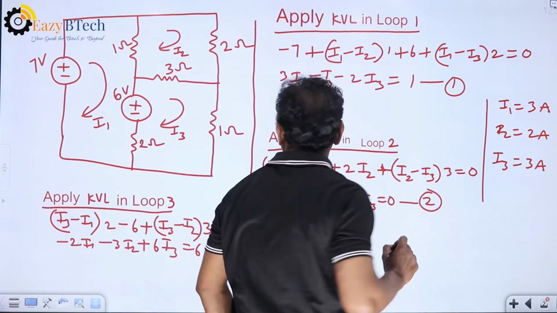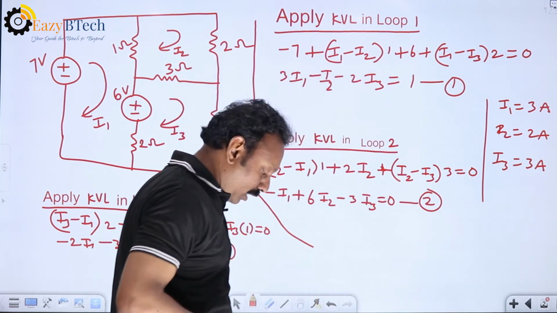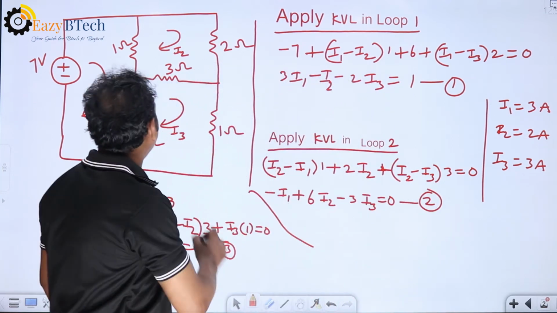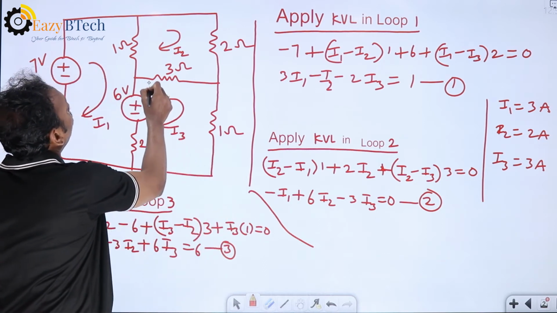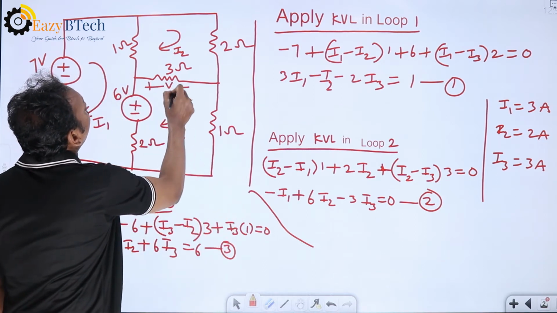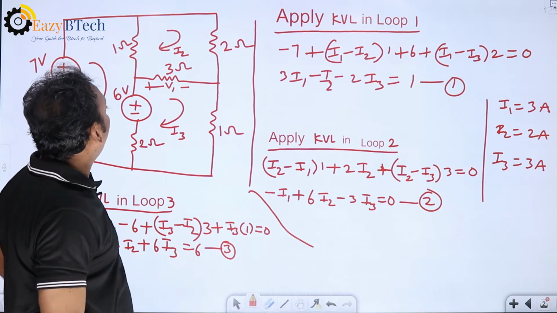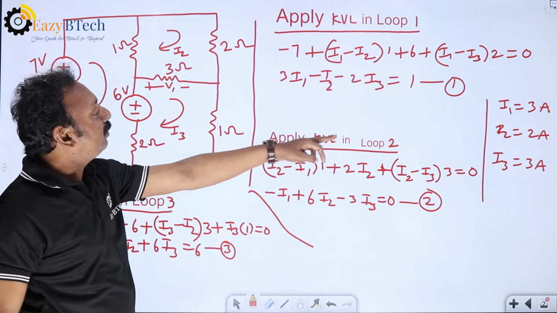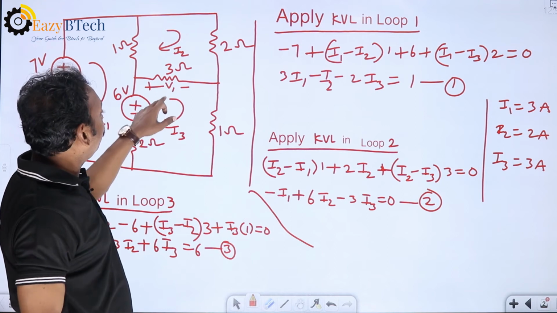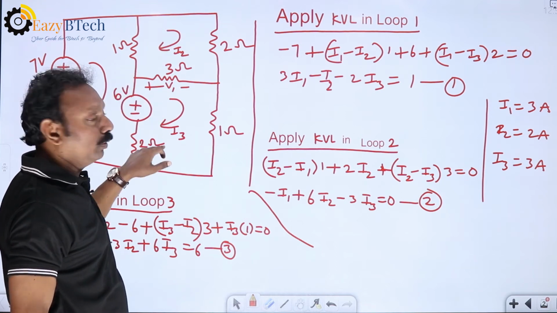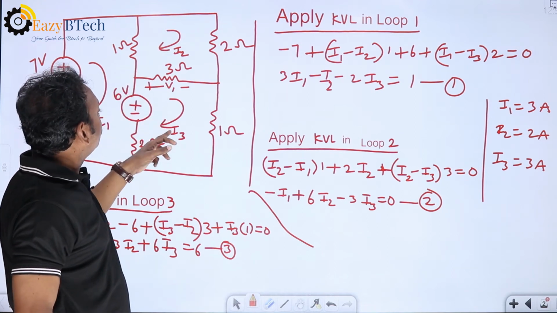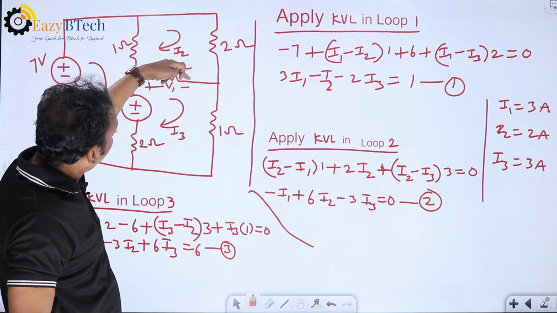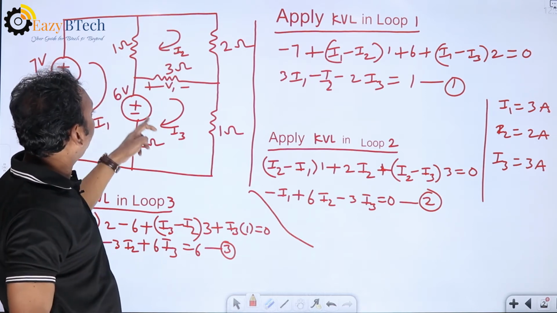Suppose you know the current values and you want to find the voltage across some resistor. Assume this is the voltage V1 across the 3 ohm. You know the I1, I2, I3 values. This 3 ohms is present between the second loop and third loop. How to find it? I2 direction is clockwise, entering at negative to positive, I3 leaving from positive.